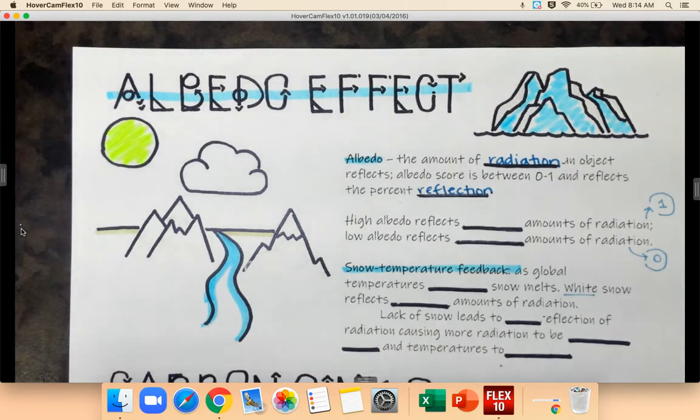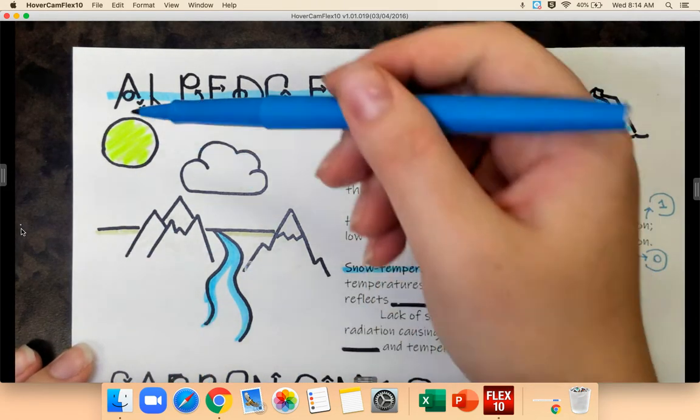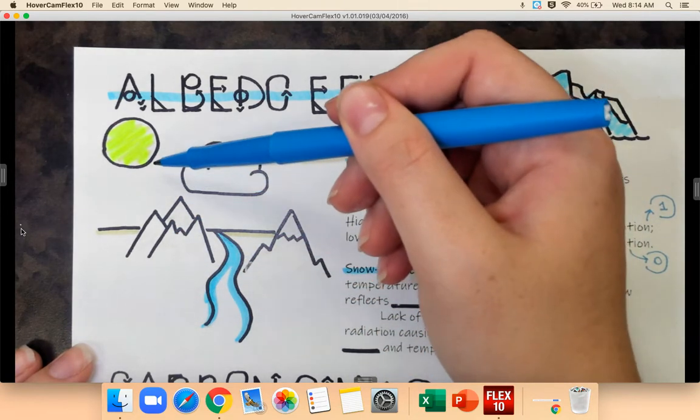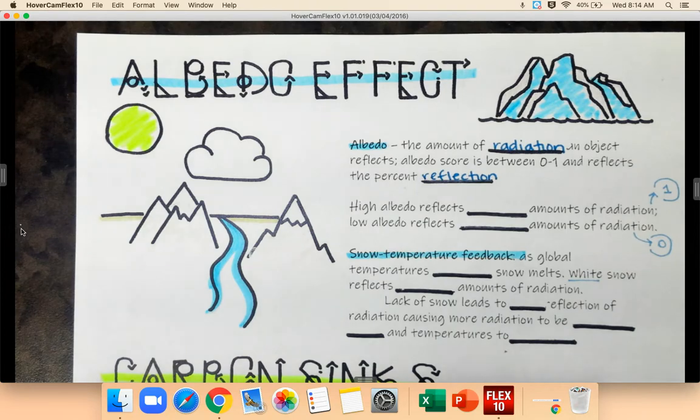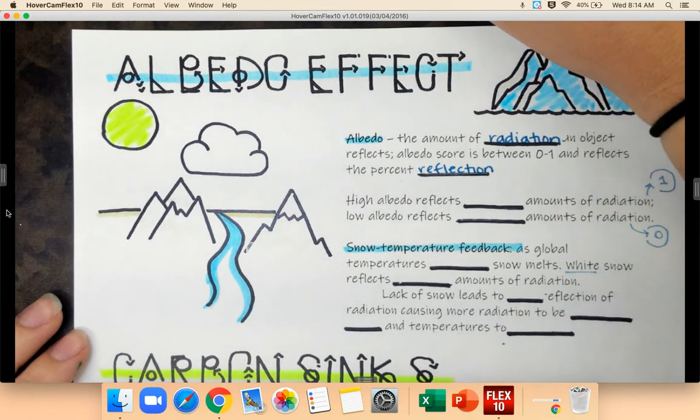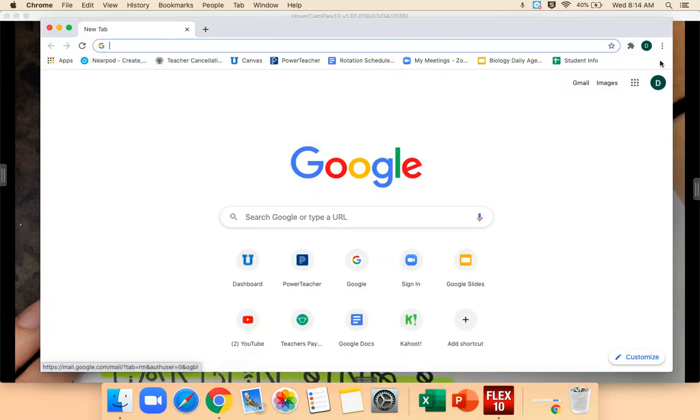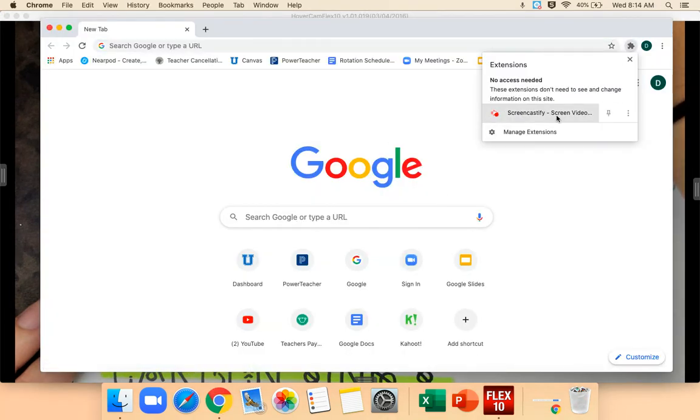So albedo is how much of the sun that's coming down is being reflected back up into the atmosphere.